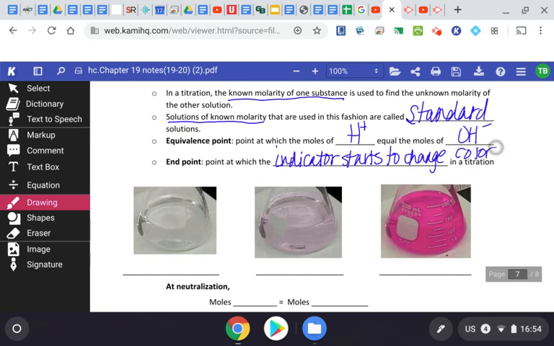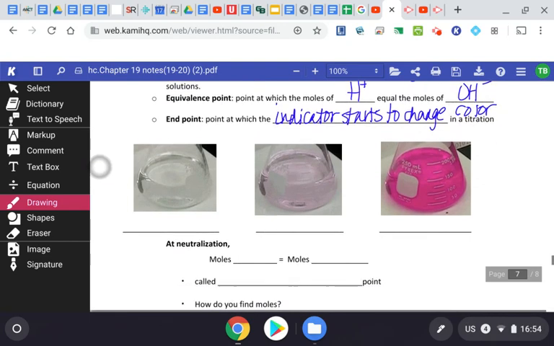The example that I have down here uses an acid in the Erlenmeyer flask and phenolphthalein as our indicator, and this is what we're going to use in the lab that I demonstrate for you. And then they're using a base being added to the Erlenmeyer flask there.